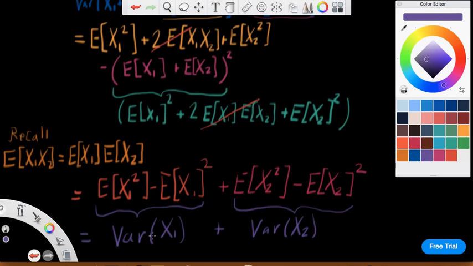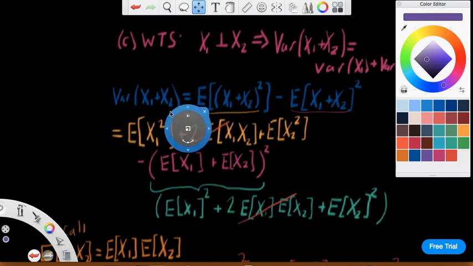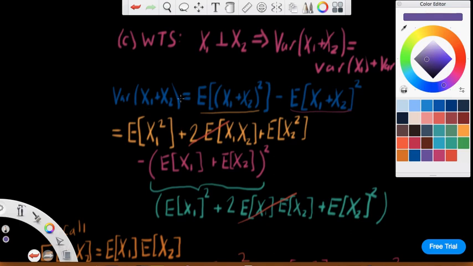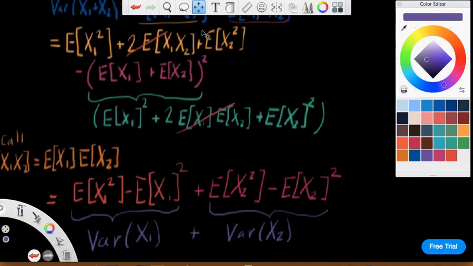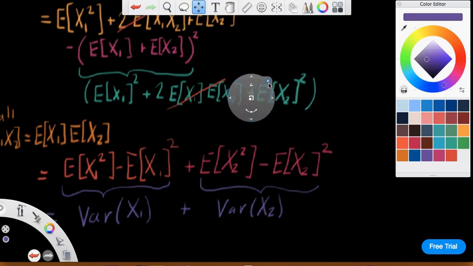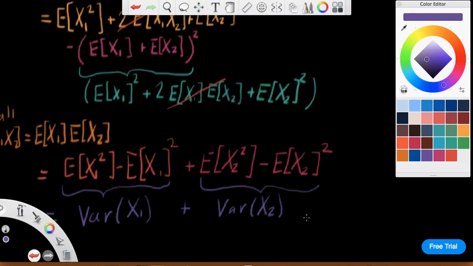So we have the variance of x1 plus the variance of x2. Well, don't forget where we started. All of this is equal to the variance of the sum x1 plus x2, which is in fact what we wanted to show. So I'll come back down here and finish off this proof with our little square. See you in the next video.